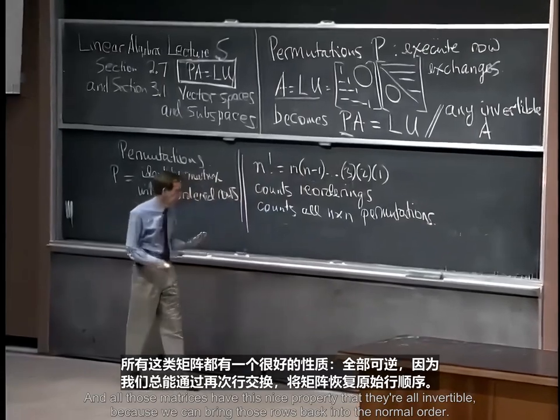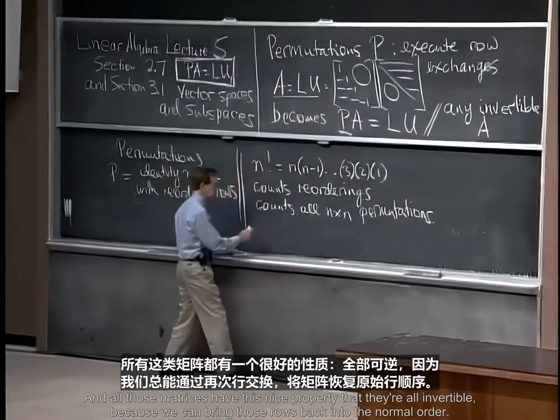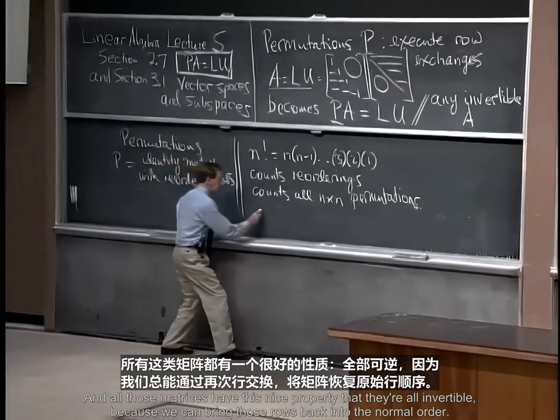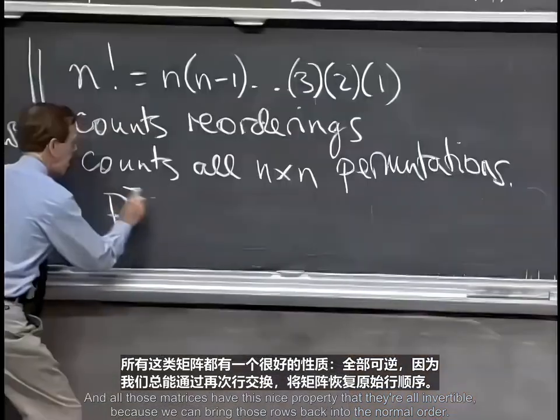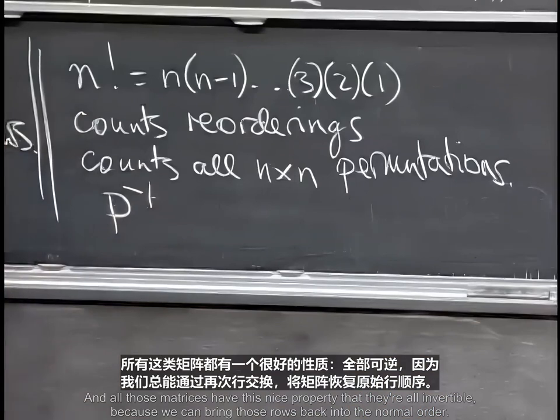And all those matrices have this nice property that they're all invertible, because we can bring those rows back into the normal order.